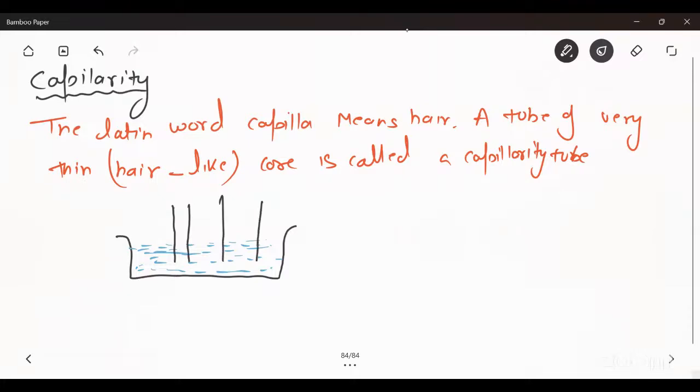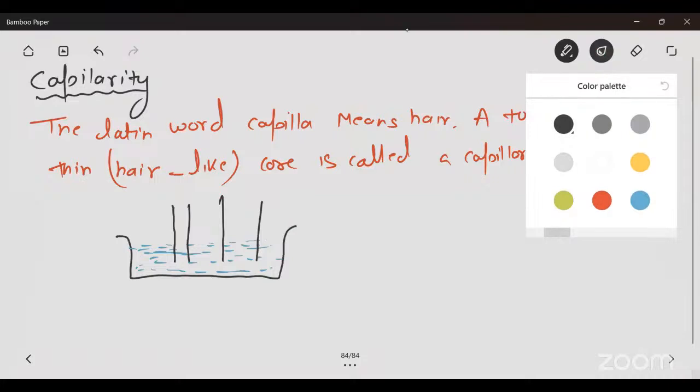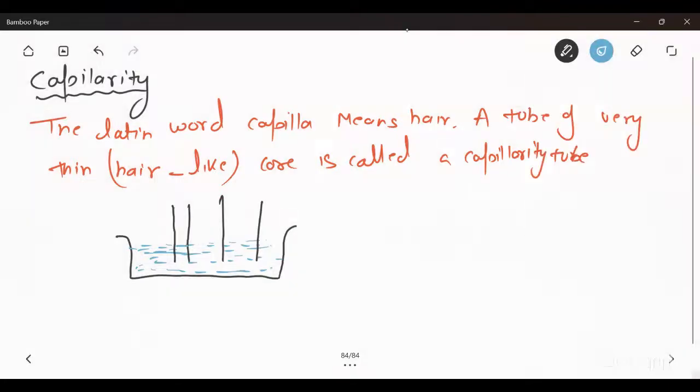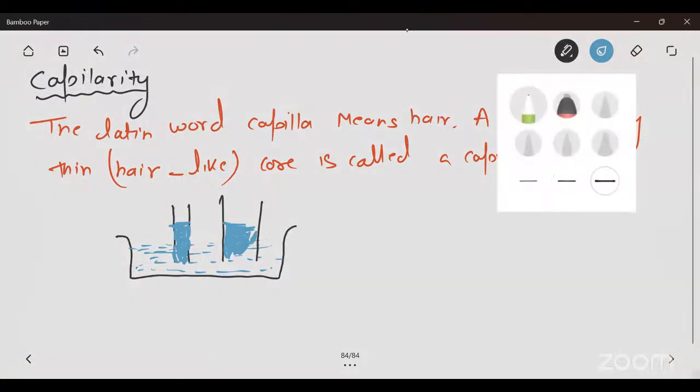There is a rise in liquid level inside the tube.